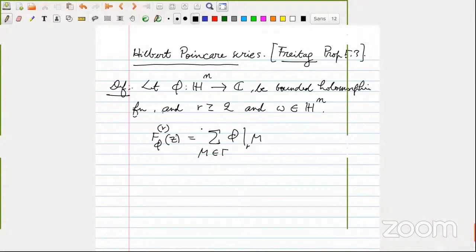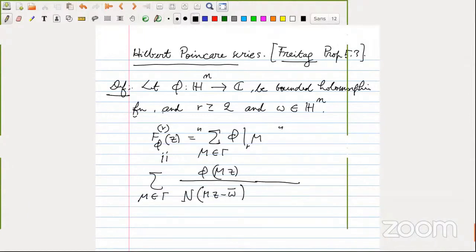So here is the definition: the summation over m inside gamma of phi of mz divided by the norm of mz minus w bar to the power of 2r times the norm of cz plus d to the power of 2r.